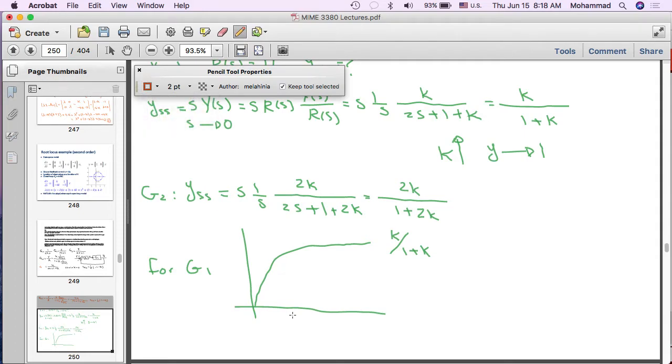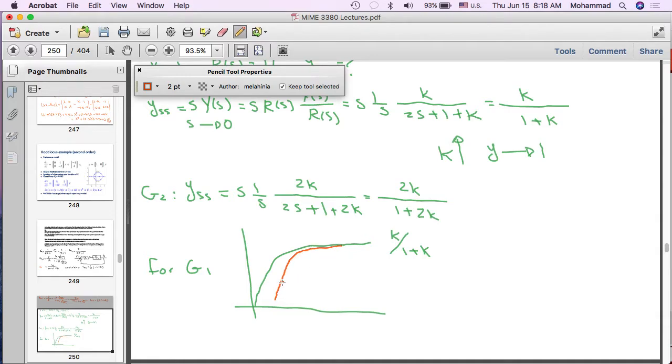As k increases, the steady state value gets closer to 1. But what is significant is that the rate at which the system moves becomes faster.